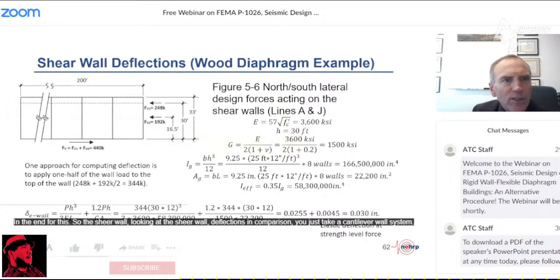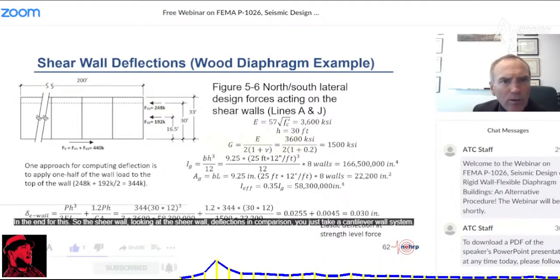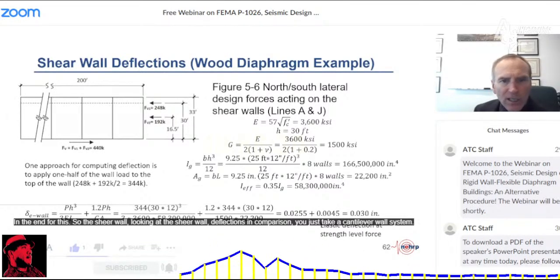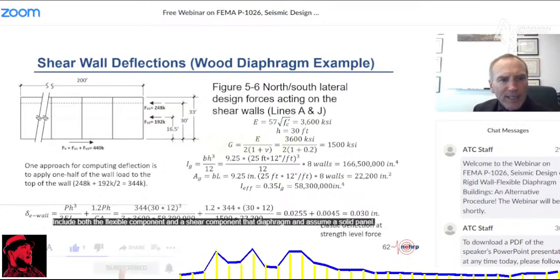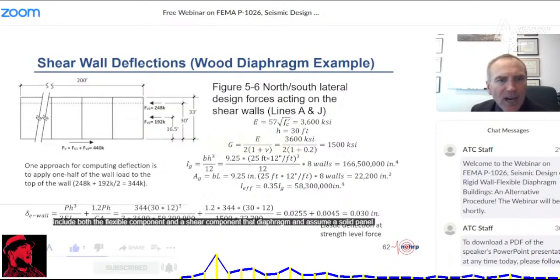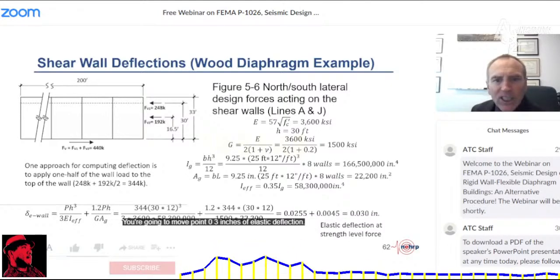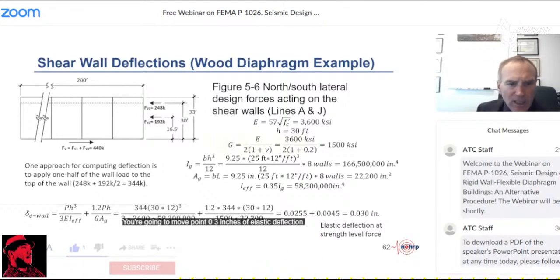Looking at the shear wall deflections in comparison, if you just take a cantilever wall system, include both a flexural component and a shear component, and assume a solid panel, you're going to move 0.03 inches of elastic deflection.